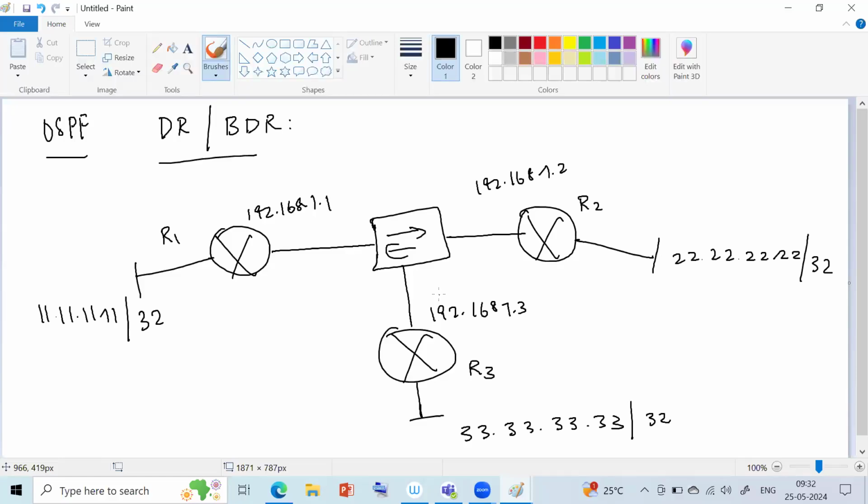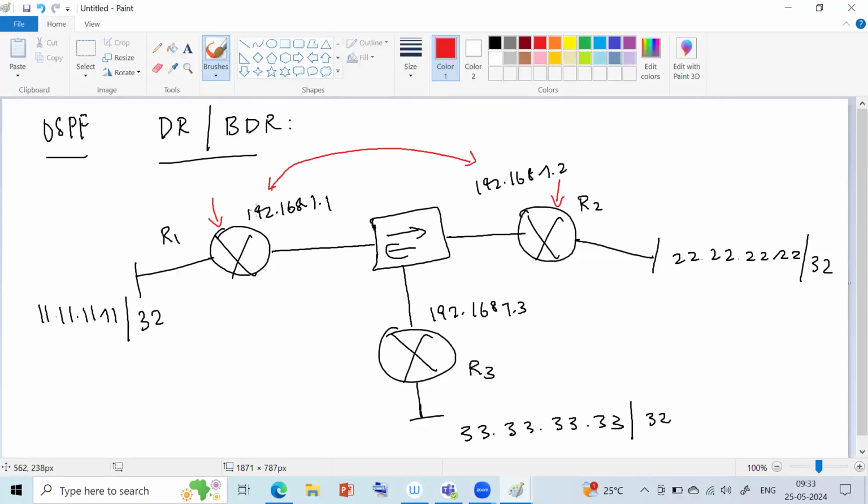Okay. All of them have a loopback address. If R1 has to get to know what is on the R2 loopback, first of all, this router has to get to know what networks that router has, then it has to establish neighborship with that particular router.